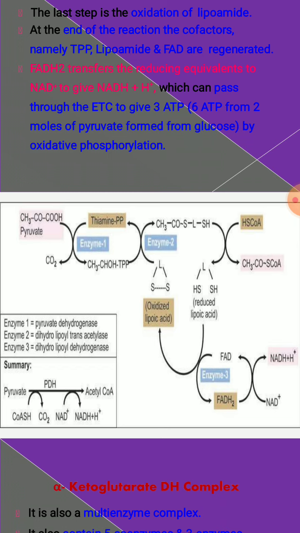Further the transfer of the acetyl group is going to happen, which is involved with this lipoamide moiety. And then in the dehydrogenase mechanism, in the conversion of the reduced form back to the oxidized form of the lipoic acid, this FAD molecule is involved, which forms FADH2. This is going to be transferred to NAD plus to synthesize NADH plus H plus. So this is how the mechanism happens.